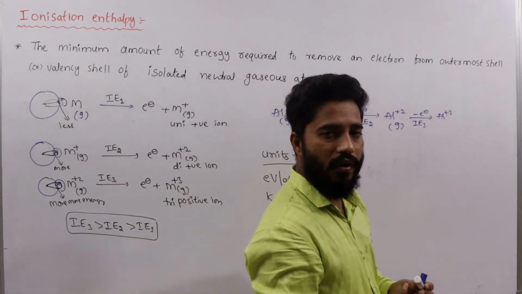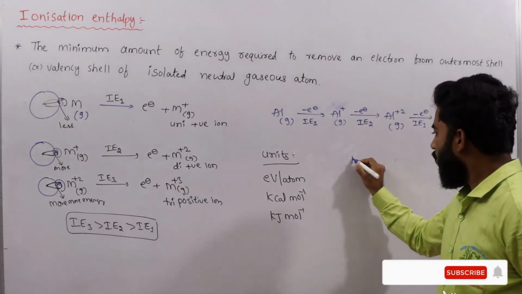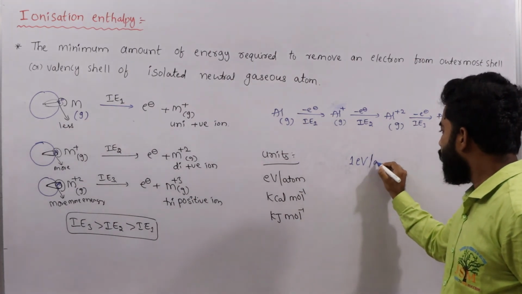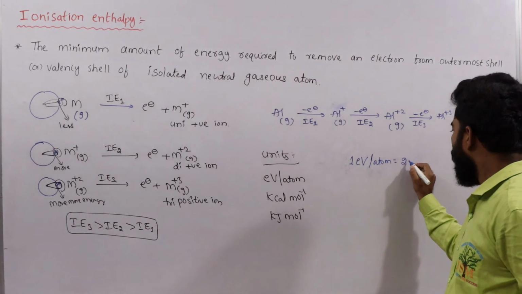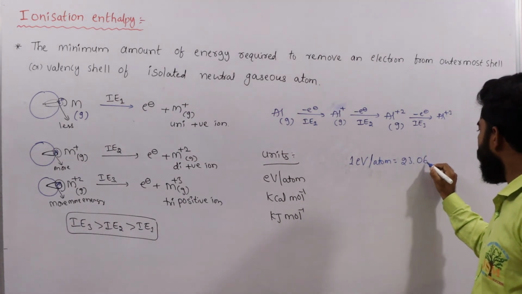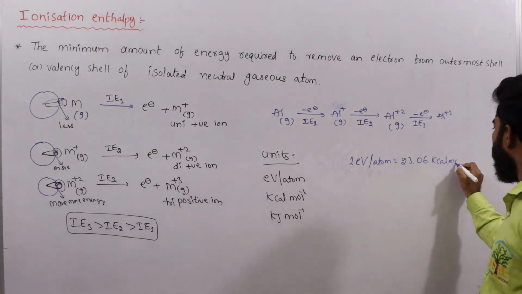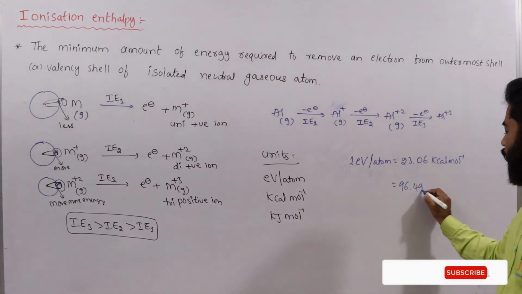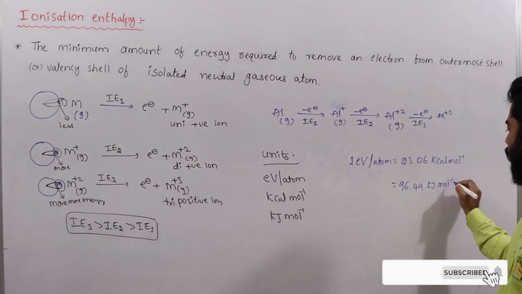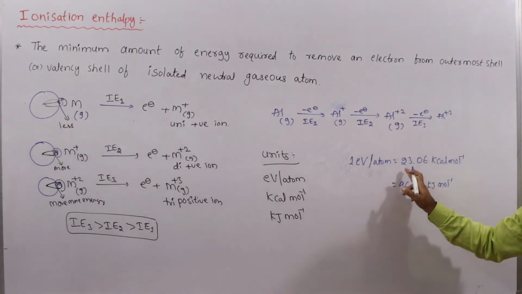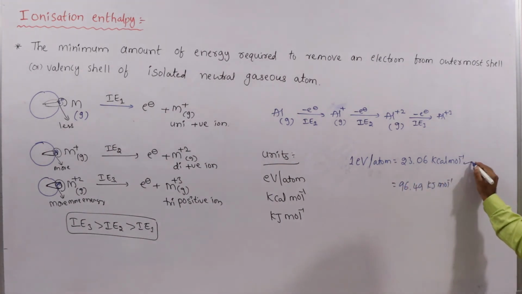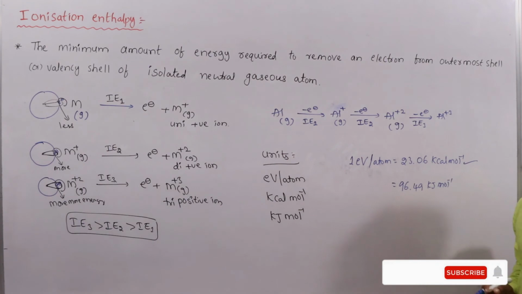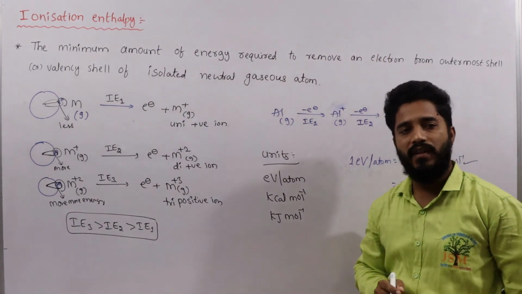One electron volt per atom is equal to 23.06 kilocalories per mole and 96.49 kilojoules per mole. These are the units used to measure ionization enthalpy.